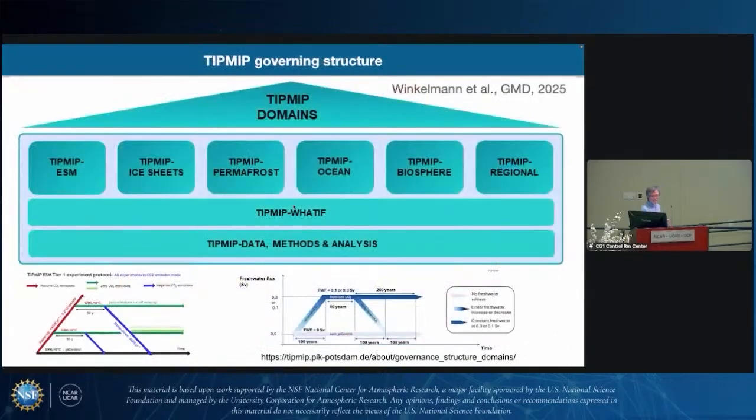And the other experiment and program is funded in Europe, focused on tipping point model intercomparison. The research is on tipping points, abrupt change, and thresholds. Right now, there are 6 major domains or research focus. NCAR is actively participating in the TipMIP ESM, TipMIP Ocean, and TipMIP Biosphere.